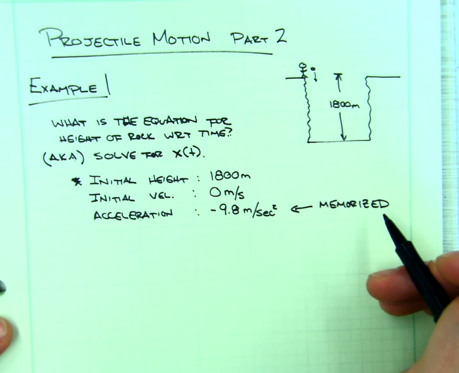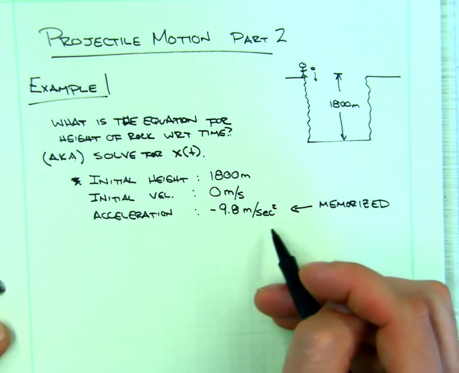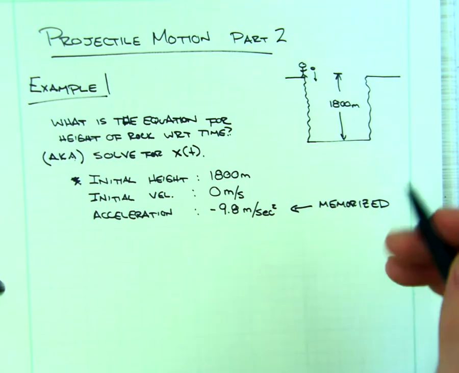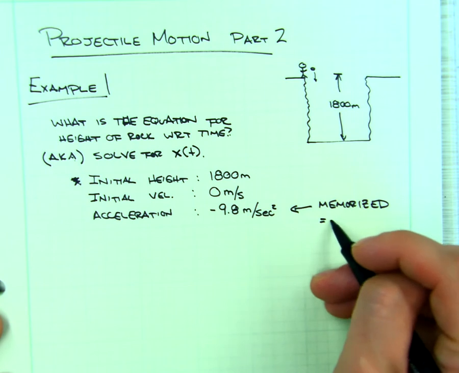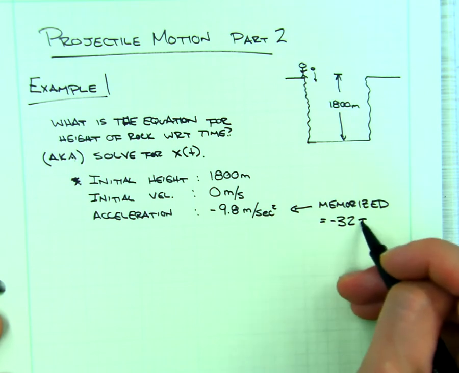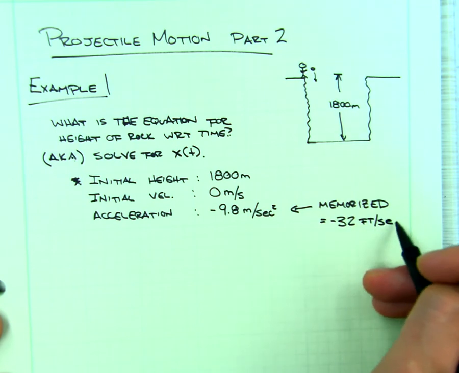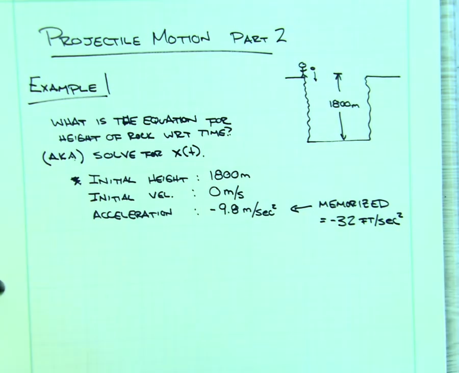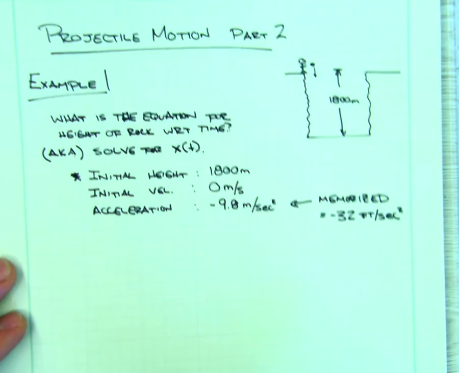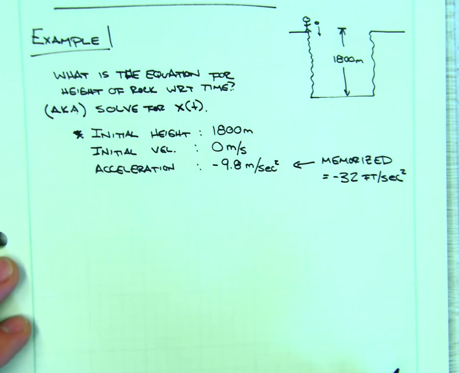It will be in your college physics classes, it will be in your college engineering classes, it will be in your college math classes. The acceleration due to gravity is negative 9.8 meters per second squared, which is also equal to negative 32 feet per second squared, which is the problem that we were working on before. Okay, so with this initial information, this is what we're going to be able to use to solve this problem.